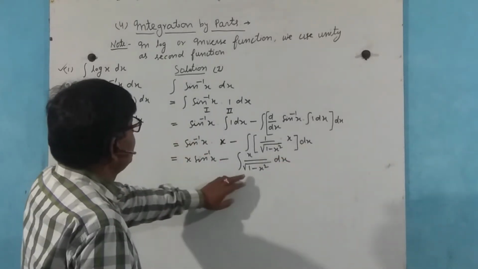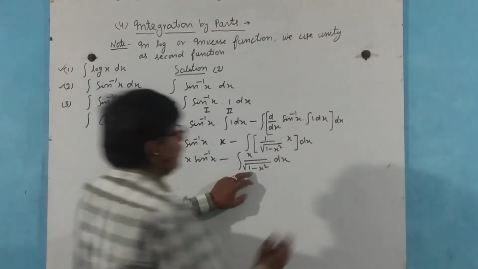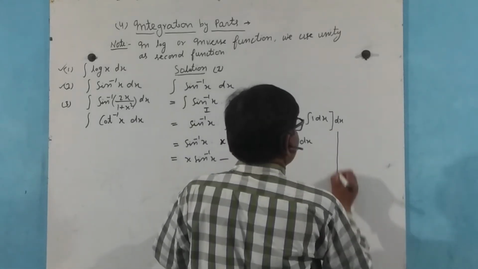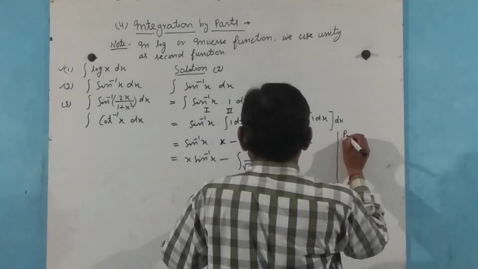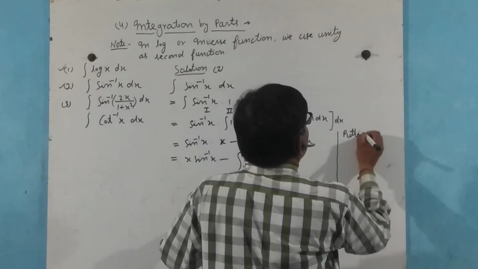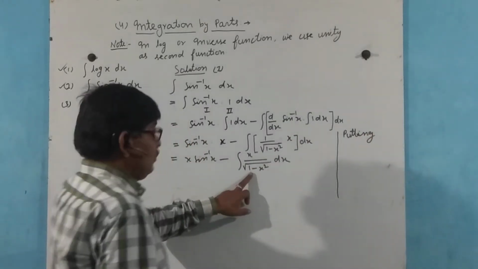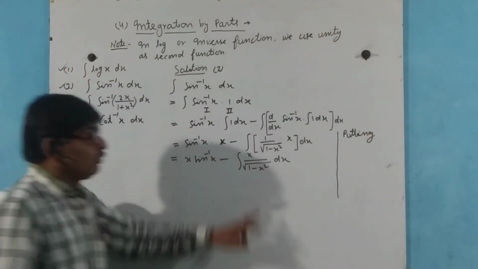Now in this case, putting 1 minus x square equal to t.